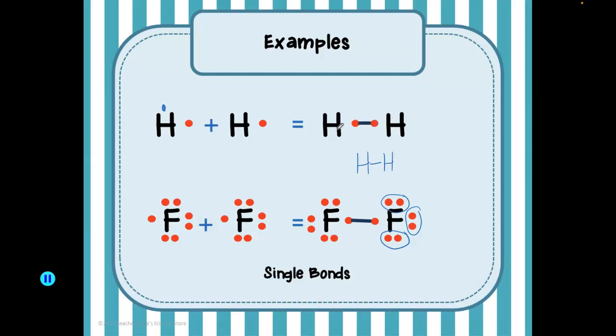With fluorine, we've got 2, 4, 6, 7 valence electrons, and it needs 8, so it's looking for 1. So they're going to share. So now we have 2, 4, 6, 8, 2, 4, 6, 8. Always double check that you're filling that valence shell. If it's not full, then you probably didn't do the bonding correctly.